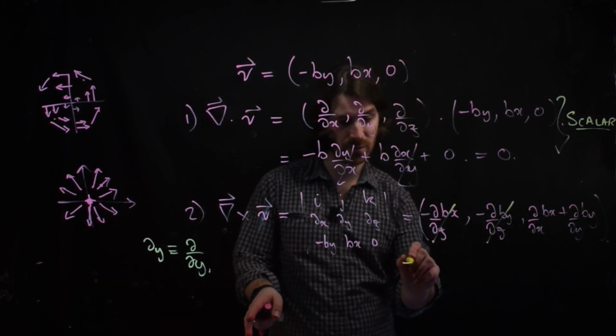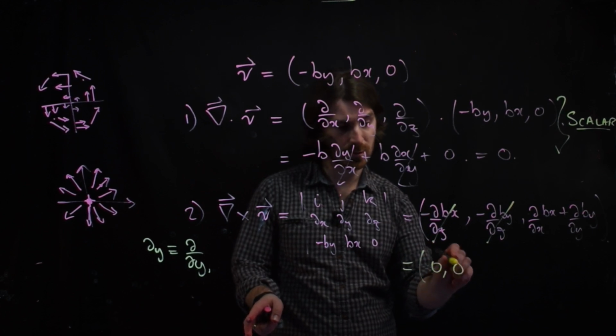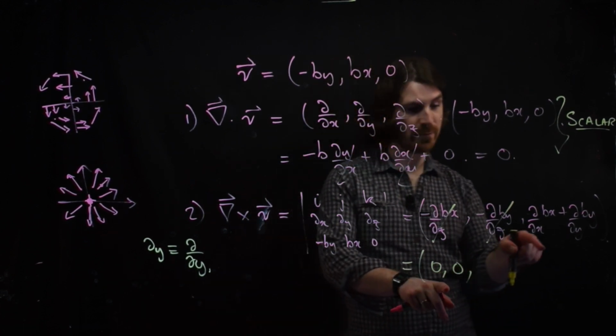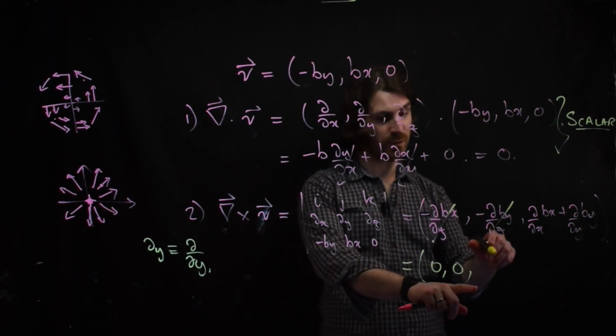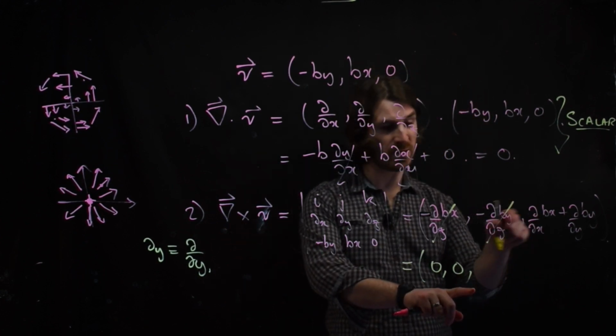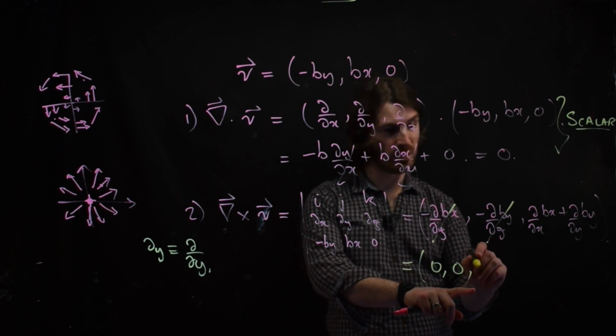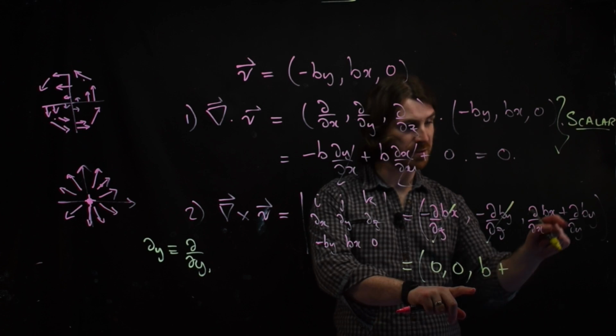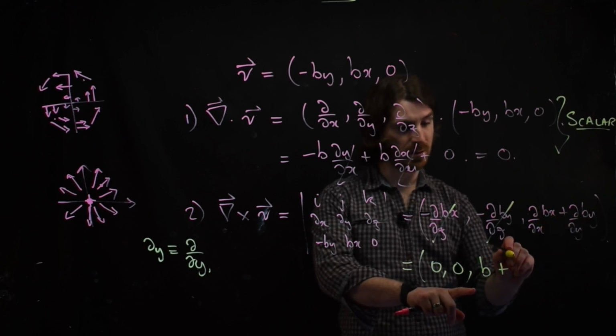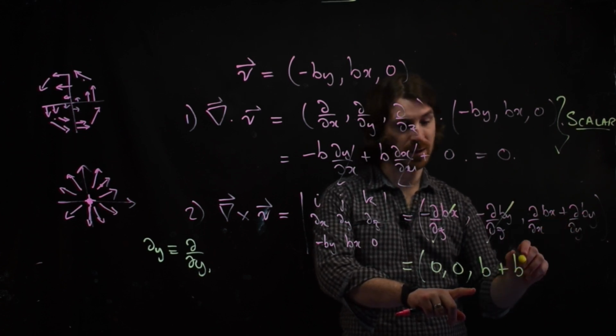So the first 2 components are both 0, and the final component of curl v is equal to, since b is a constant, we can bring it out the front, b dx/dx, which is just 1, plus b dy/dy.